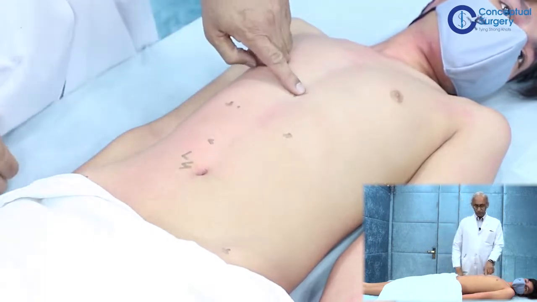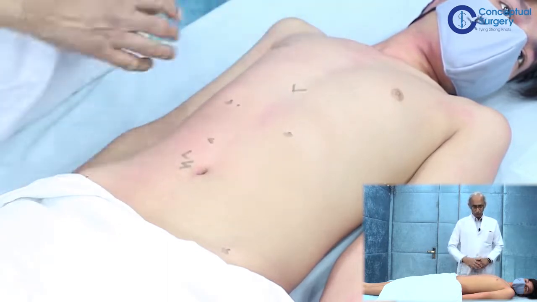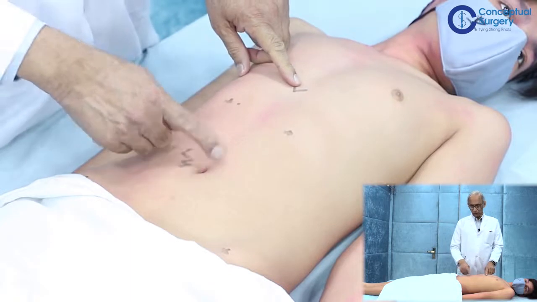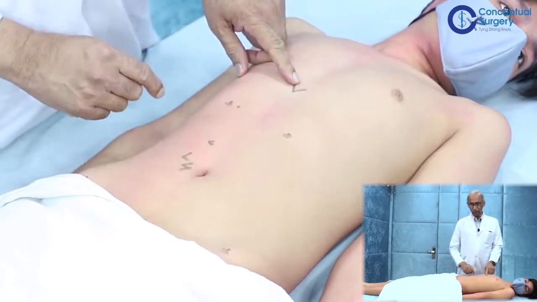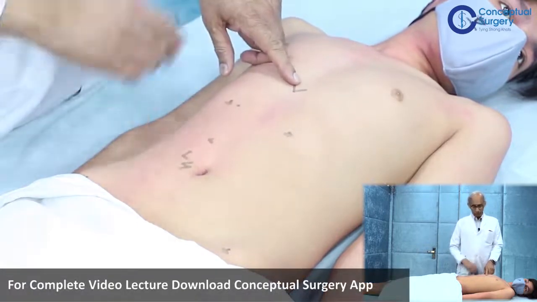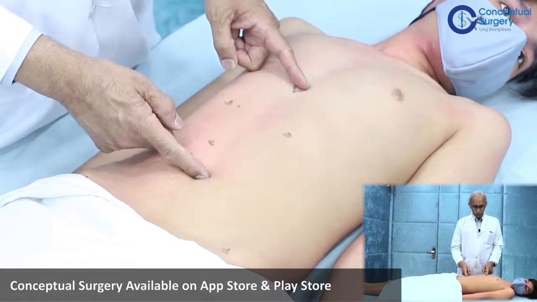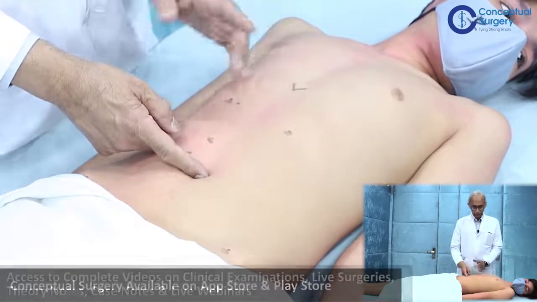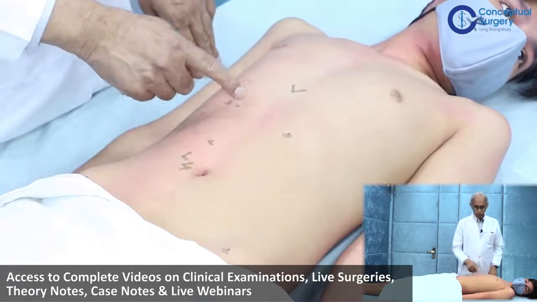This is his xiphisternum. This is his umbilicus, which is marked as roughly L4. Not that it is always at L4; sometimes it can even be up to L5. Roughly, it is in the region of L4 and L5. If you take the distance between these two points and bisect it, approximately at this point, I have put two points here.